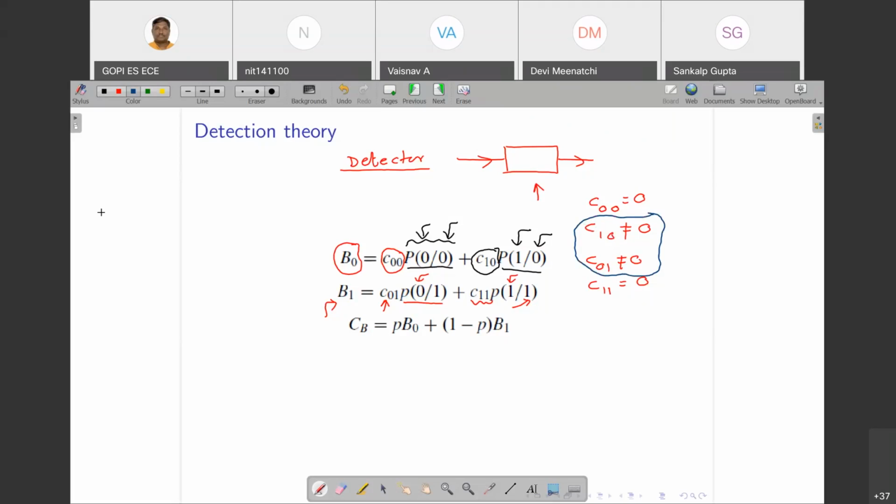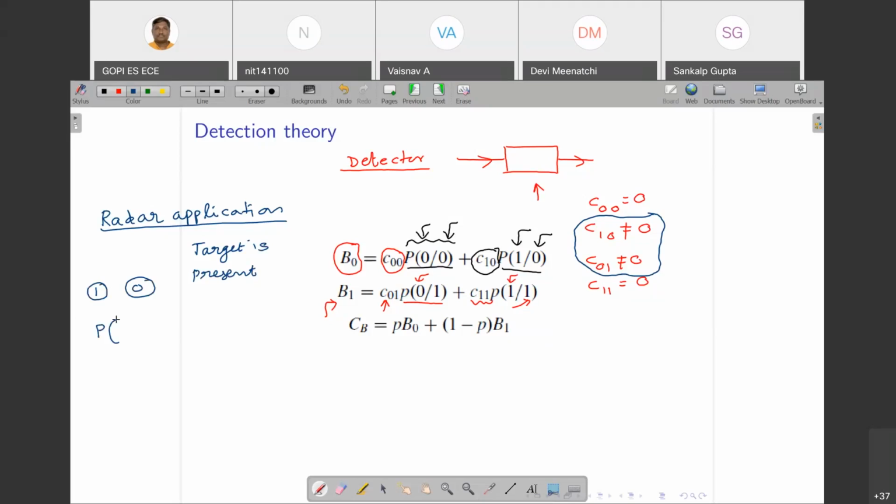For example, let us consider an application like radar. In the radar application, our goal is to check whether the target is present or not. The presence is represented with 1 and absent is represented as 0. So you have two errors associated with that.